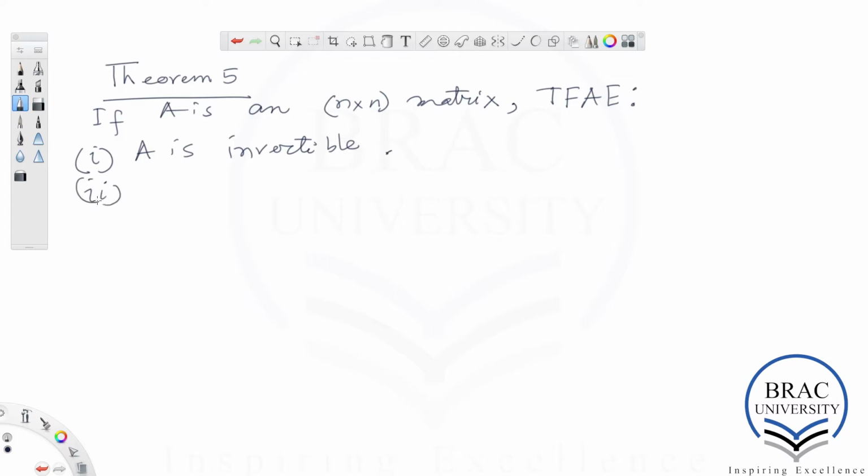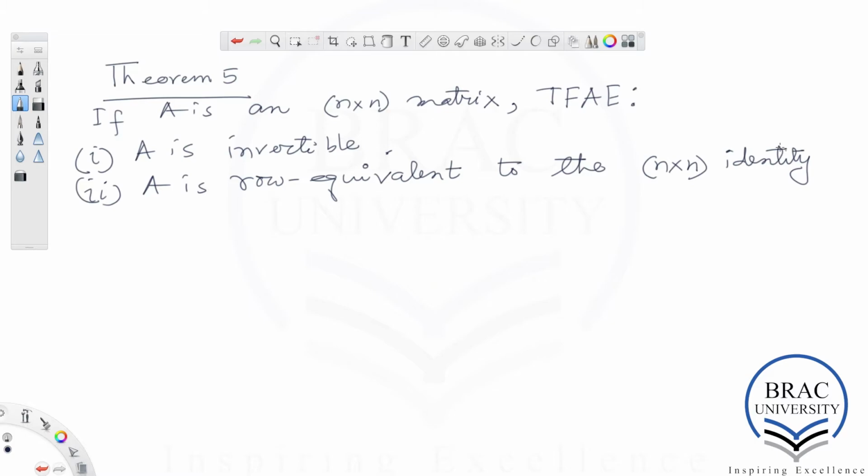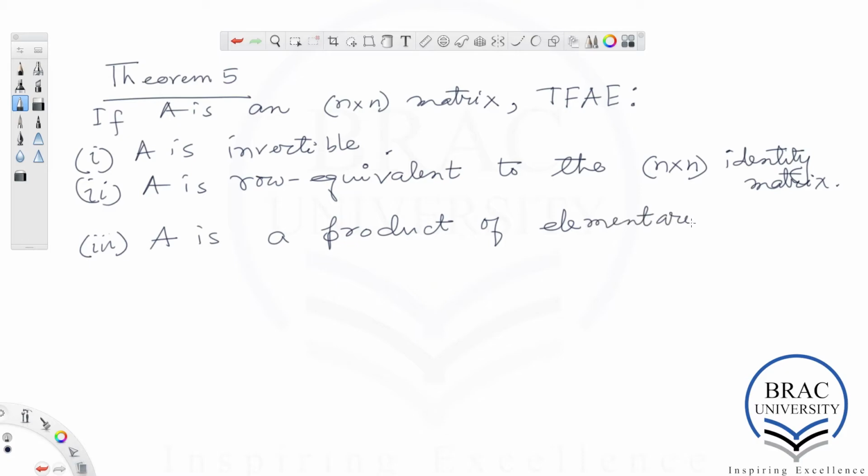The second statement is that A is row equivalent to the n times n identity matrix. The third statement is that A is a product of elementary matrices. Okay, so let us prove this theorem 5.